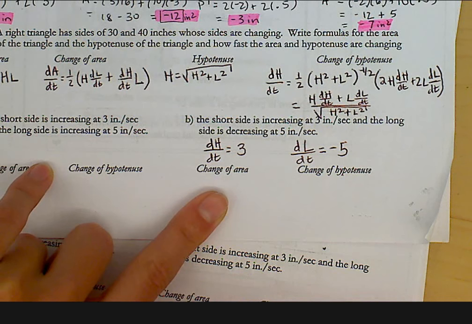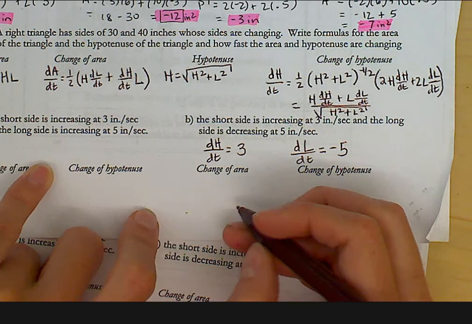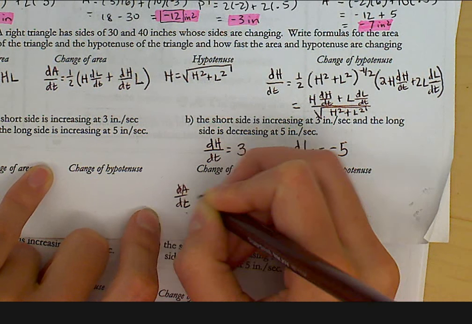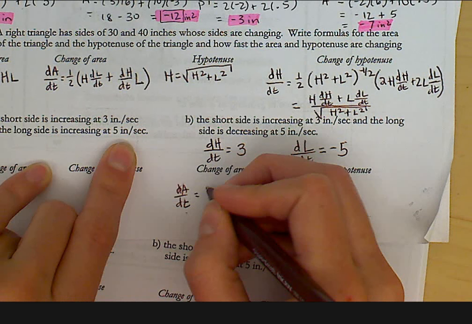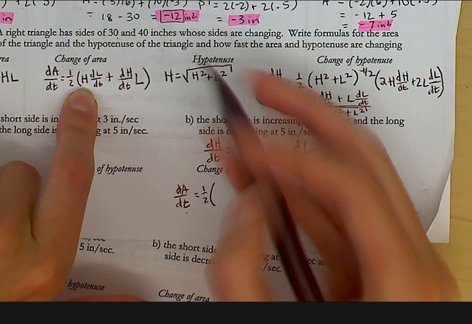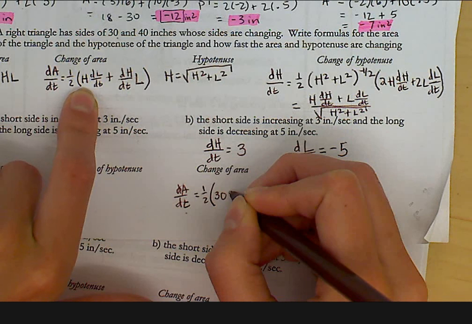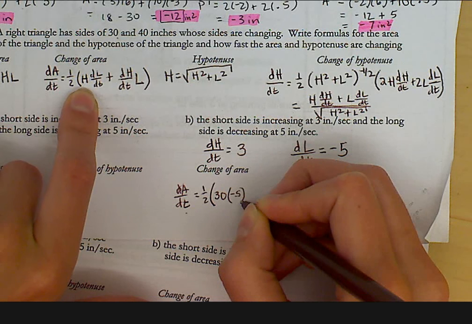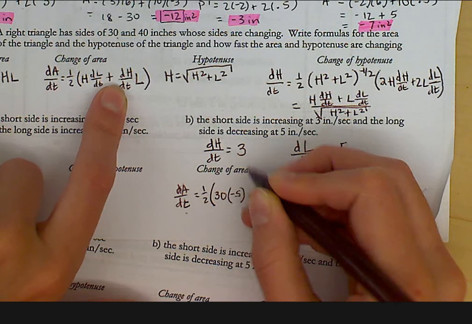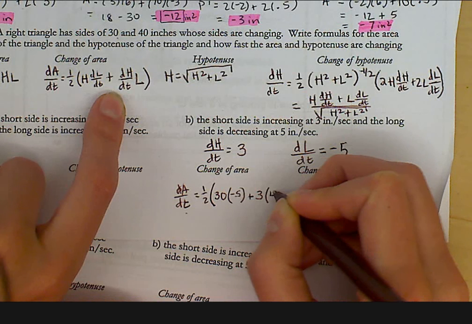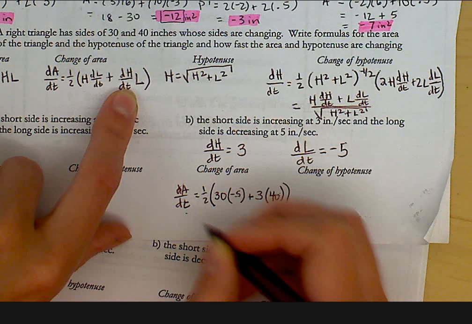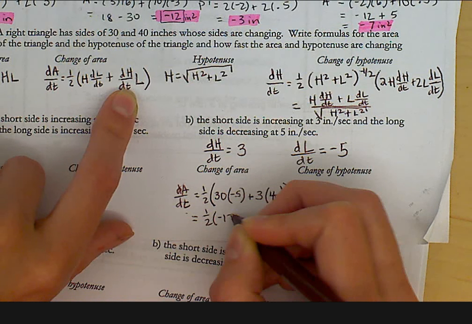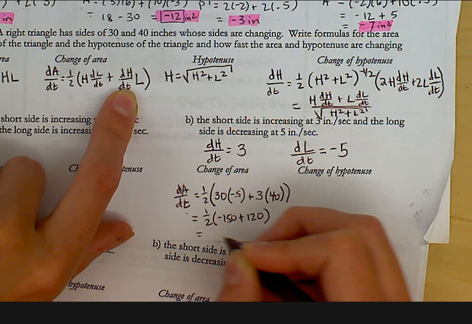So if I plug this into my change in area, I get dA dt equals 1/2 h, which I was given in the original problem is 30, times dL dt, which is -5, plus dH dt, which is 3, times 40, which is L. So this equals 1/2 of -150 plus 120, equals 1/2 of -30, which is -15.